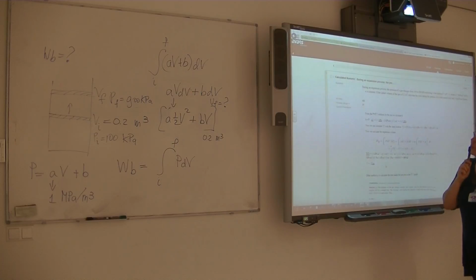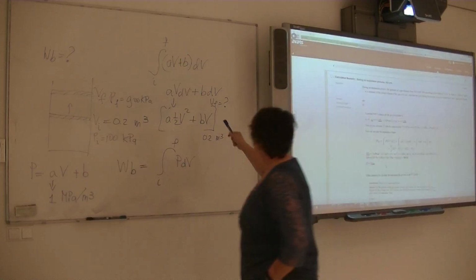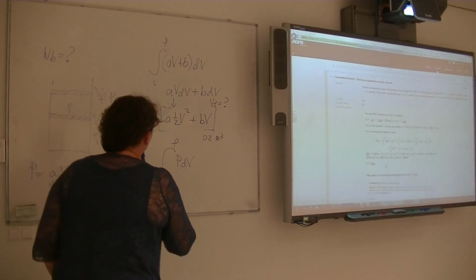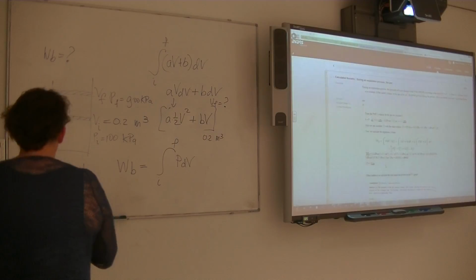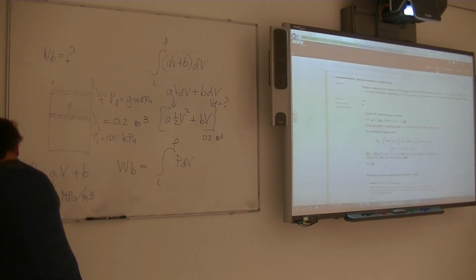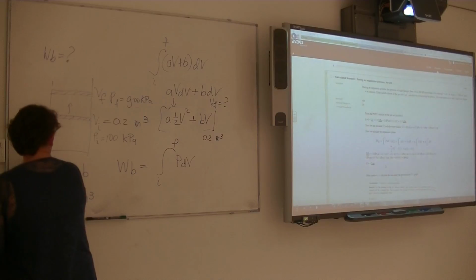Yeah, first we have to know what the final volume is if we want to be able to calculate this. We know the initial volume, but we don't know the final volume. The final volume can be calculated using this equation.